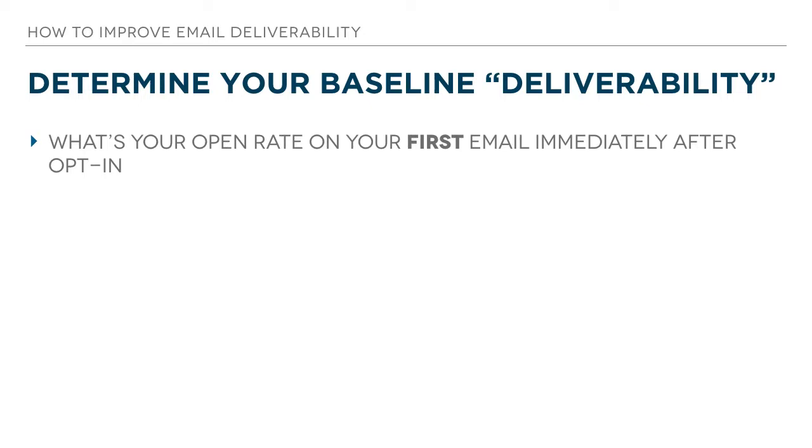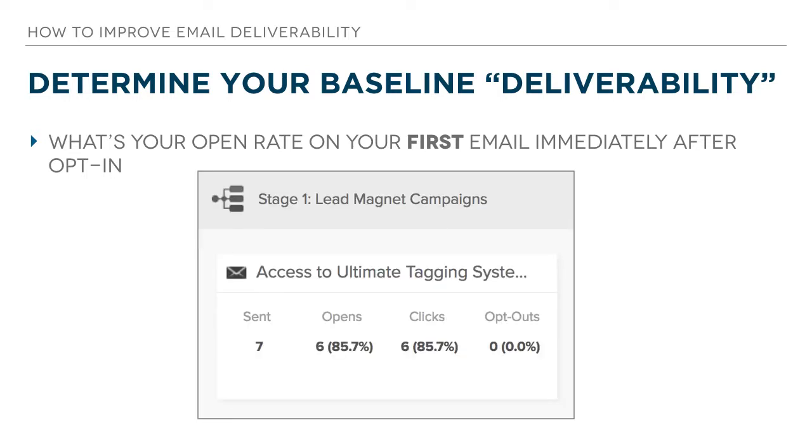In those same situations, what I've done is gone into their account and looked at the very first email that gets sent when someone opts in, and often the open rate is much, much higher. So here's an example of one of our campaigns. You can see that the open rate on the very first email is 85.7%.